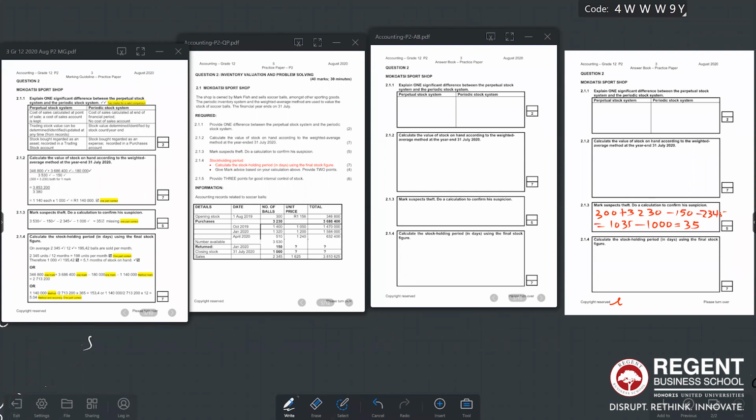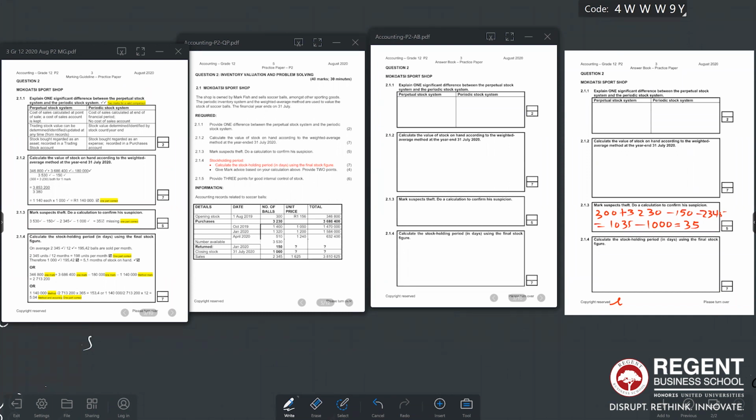So basically what I'm asking you to do is take your opening stock, which was 346,800, plus my purchases of 3,686,400, but don't forget minus the returns, my return of 180,000.